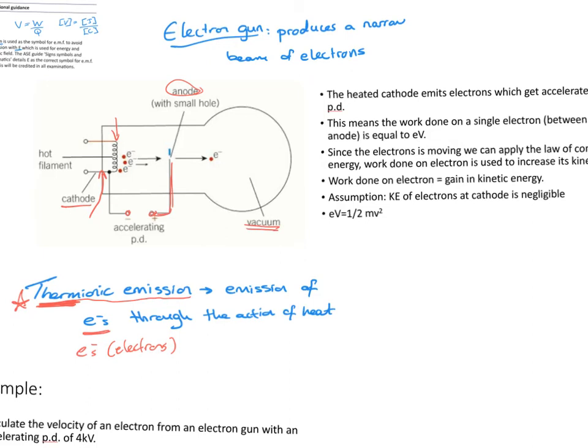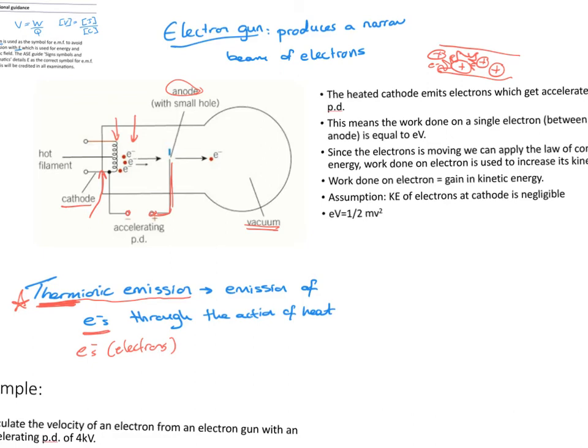If you remember, we saw the electrons moving in a wire where they were colliding with the positive nuclei of the ions that are fixed there. So we saw a random movement. That's why we had to calculate mean drift velocity. In this case, nothing is blocking the electrons' path. They are just going straight forward.